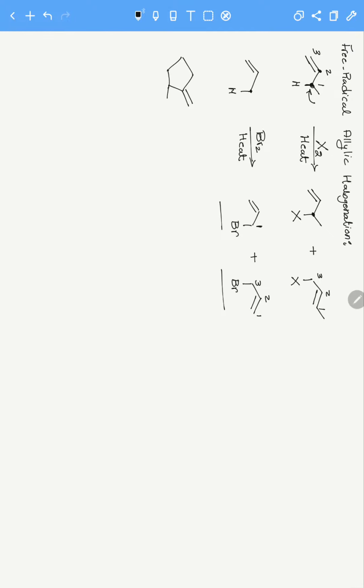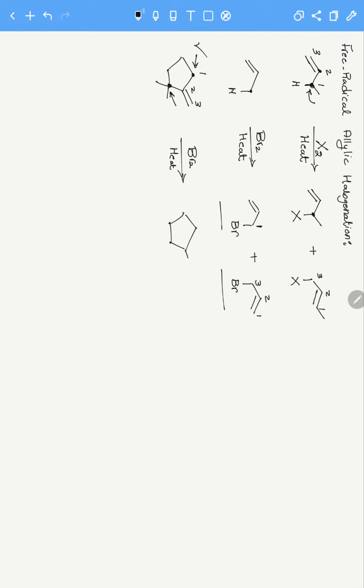For example, let's say we were given this compound. Now we have two allylic positions here, this one and this one. This one, which is here, doesn't have hydrogens, whereas this one has hydrogens. So the reaction can only take place at this top position, top carbon. So let's say we have Br2 and heat, and this will be carbon number 1, so this is 2 and this is 3.